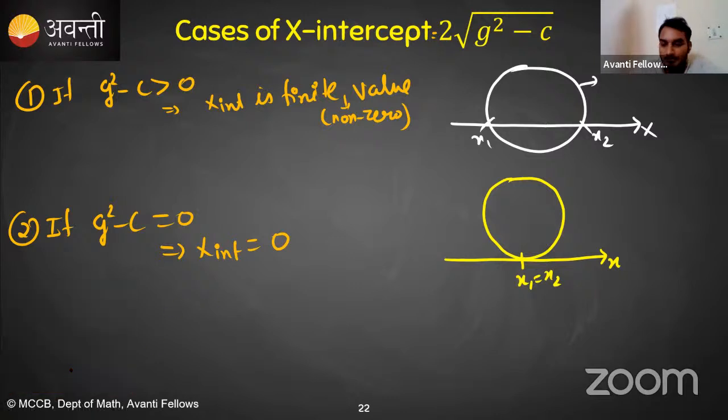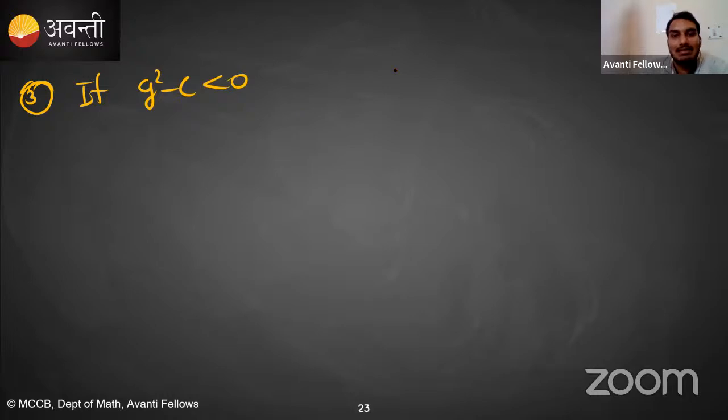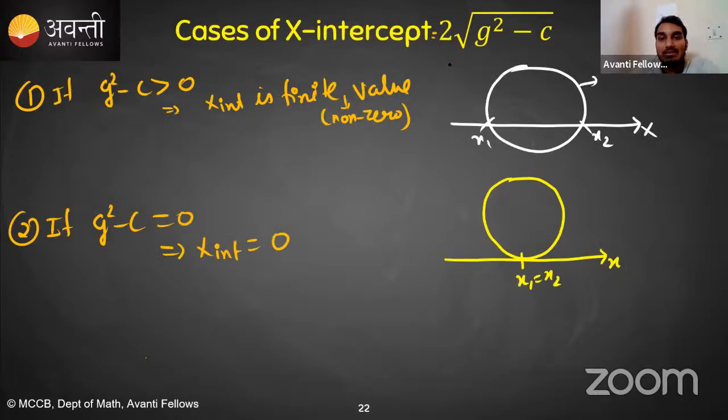Similarly, the third case would be if g square minus c is less than 0. Then the x-intercept, 2 times under root g square minus c, has a negative quantity inside the square root.